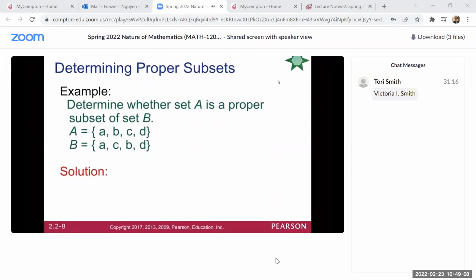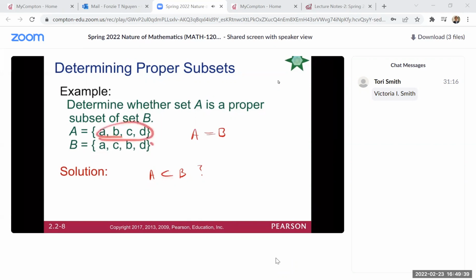Determine whether set A is a proper subset of B. Is A a proper subset of B this time? I think it's equal. Yeah, they're equal, right? It's not proper because their letters are not in the same order. No, it doesn't matter that they're not in the same order. For it to be proper, it cannot be equal, because it doesn't have the line underneath.